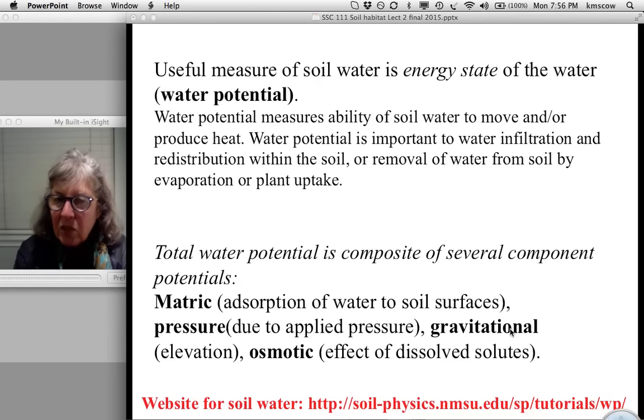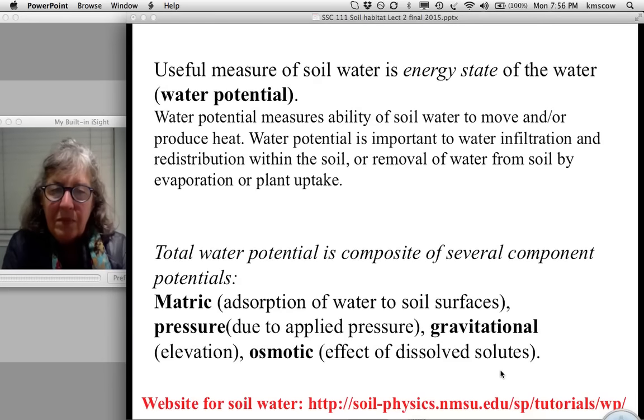Gravitational potential, which is associated with elevation and due to gravity's forces applied to the water in the soil, moving water downward. And then osmotic potential, which is the effect of solutes that are dissolved in that water, which sometimes get high enough so that then the potential changes as a function of that.